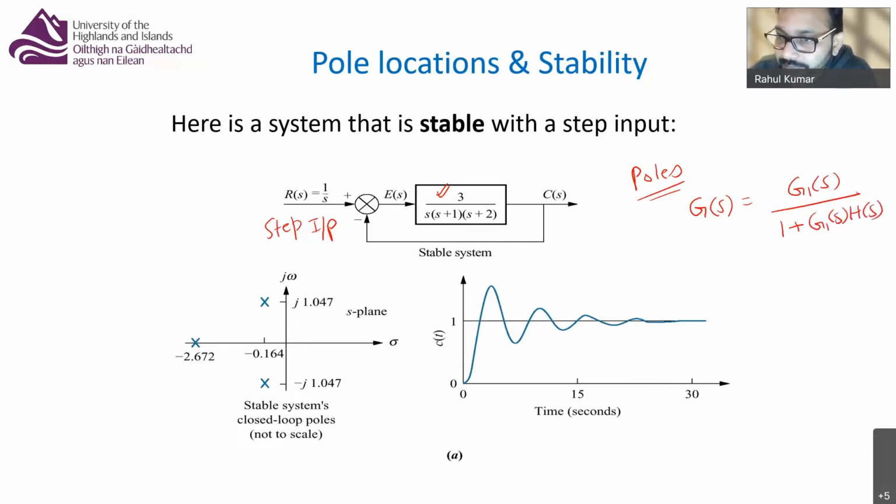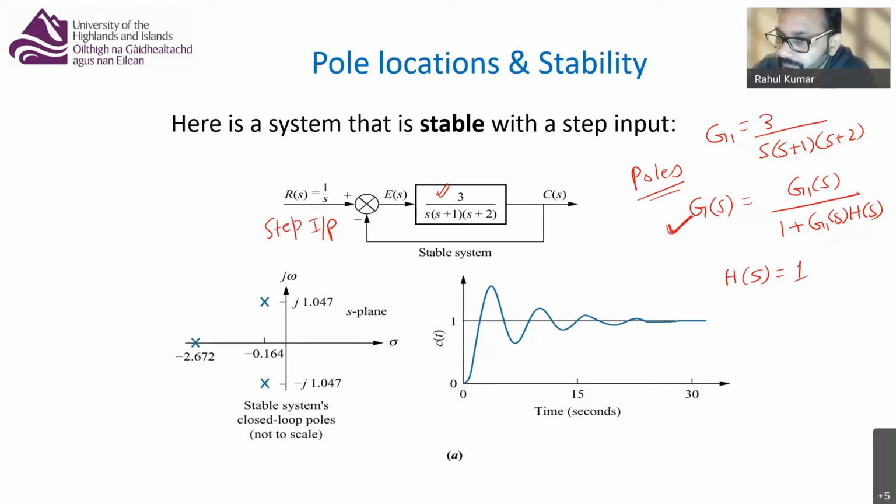In this case, the value of G1 is 3 divided by s multiplied by (s plus 1)(s plus 2), and the value of H of s is 1. So you can use this formula directly.